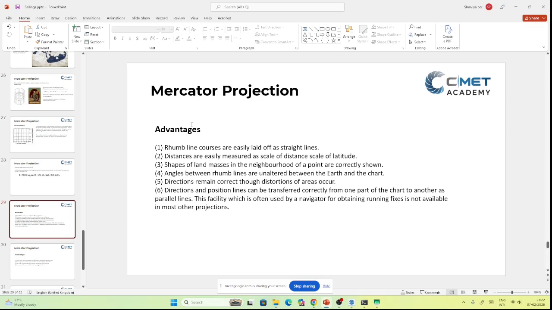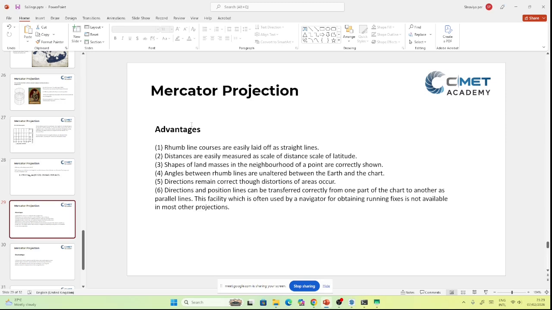If you continue to put your positions in your chart, you will see that you are maintaining the same angle, 045 degrees, in the chart as well. So that is the meaning of point number 4: the angle is the same on the Earth and on the chart.